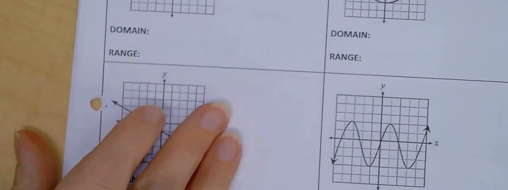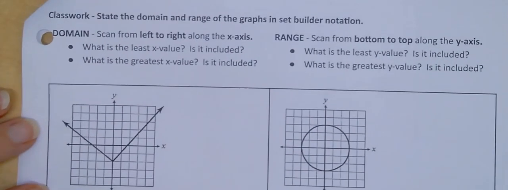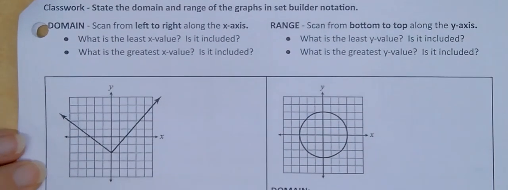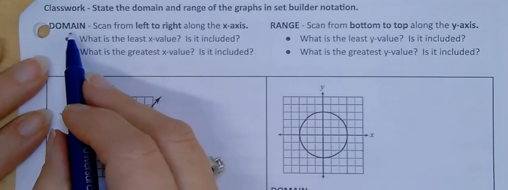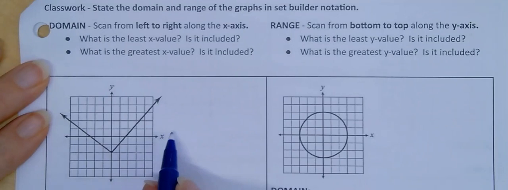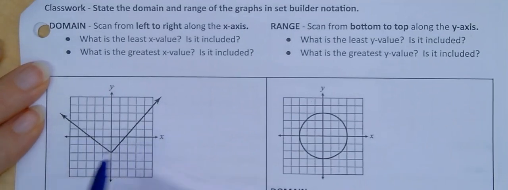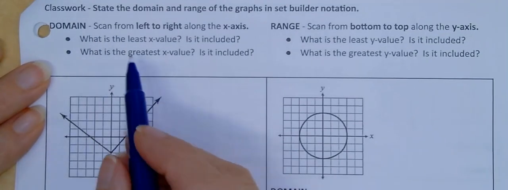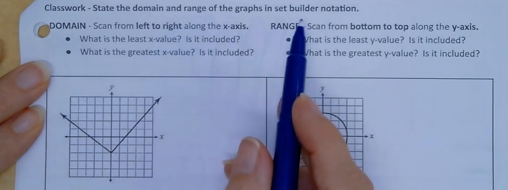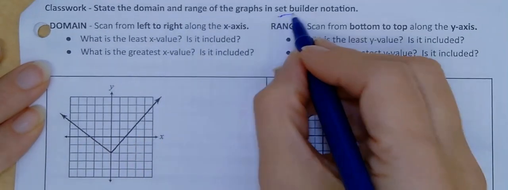Okay. All right. And so looking at the classwork, we had time for classwork for one class period, but not the other. So if I want to find domain, again, I'm scanning left to right. And so this classwork says state the domain and range in set builder notation.